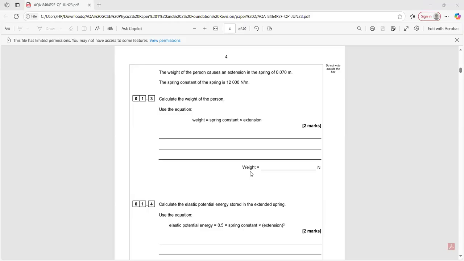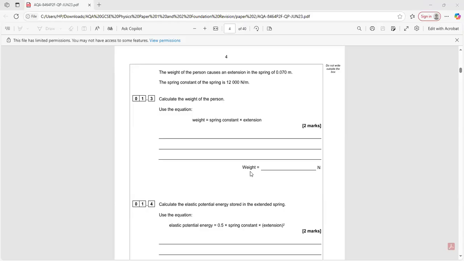There's a formula that says weight is equal to spring constant times extension. Would they let you use a calculator in this question? Yes. Anyway, for this one, we can do it without a calculator.